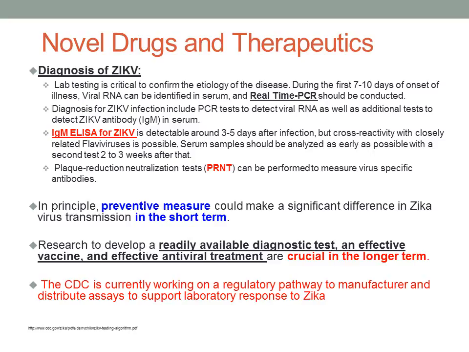IgM ELISA for Zika virus is detectable around 3 to 5 days after infection, but cross-reactivity with closely related flavivirus is possible. Plaque reduction neutralization tests can be performed to measure virus-specific antibodies. The CDC is currently working with a manufacturer to distribute assays to support laboratory responses to Zika.